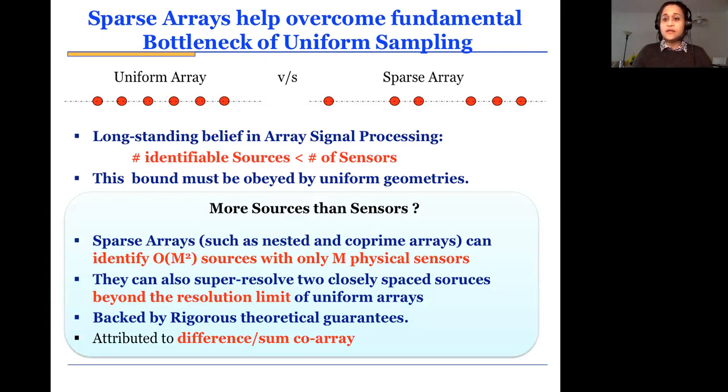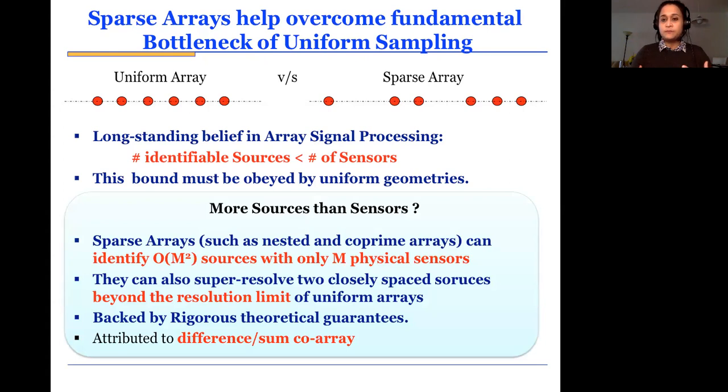However, by changing the sensing strategy, in particular, in this case, by going beyond uniform geometries, you can actually identify more sources than the number of sensors. So specifically, I designed sparse arrays such as nested and co-prime arrays. They have a special geometry.